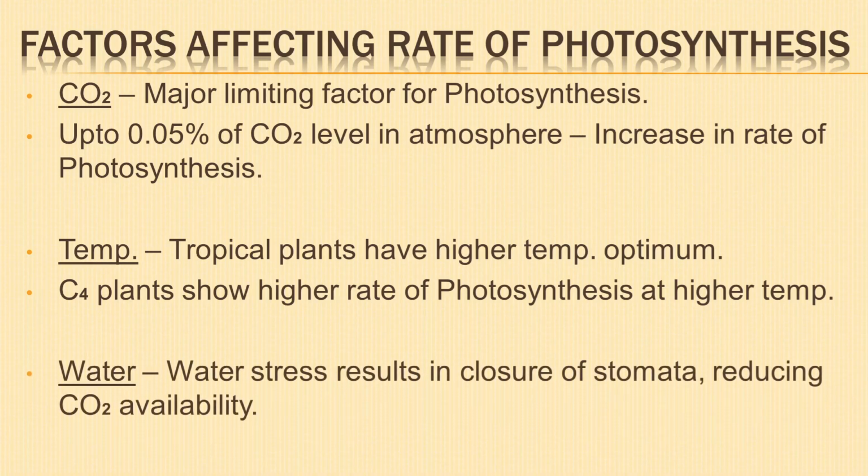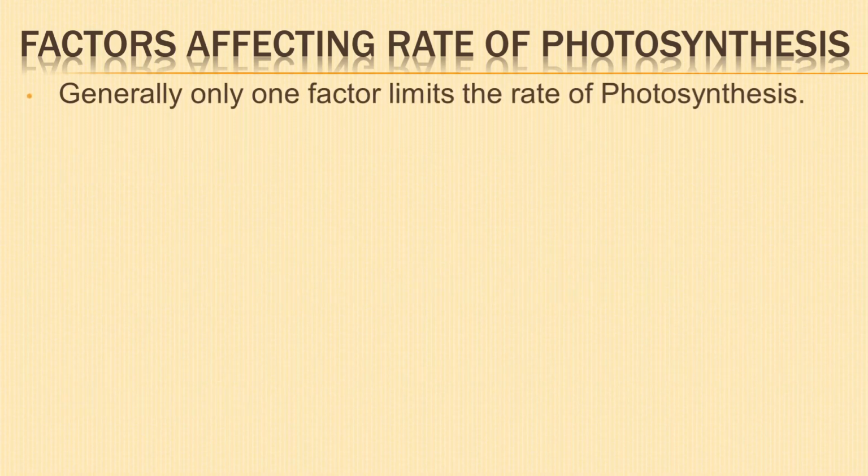Water. Water stress results in closure of stomata, which causes reduction in carbon dioxide availability. Though several factors interact and affect photosynthesis, it is usually one factor that limits the rate of photosynthesis.